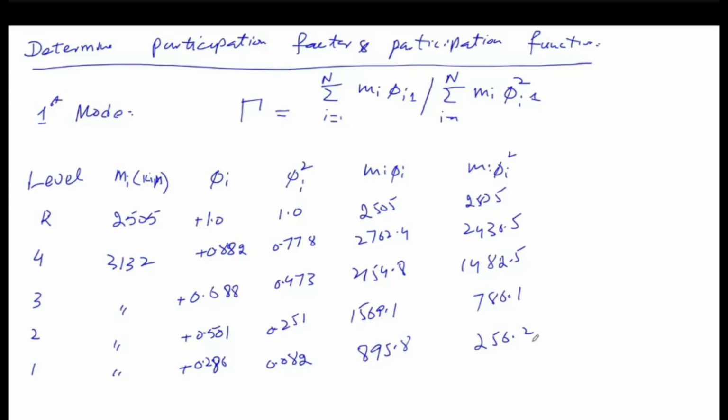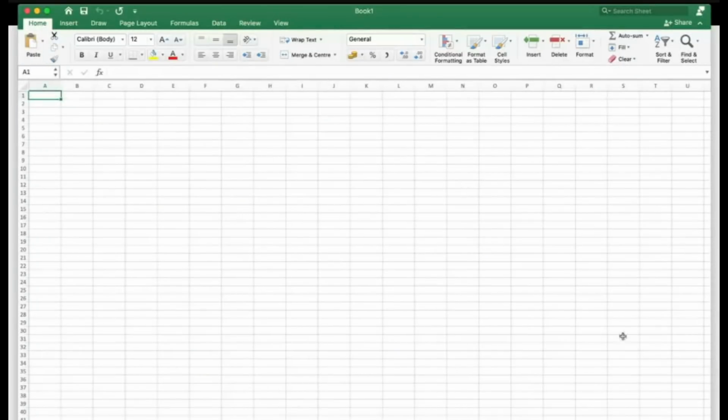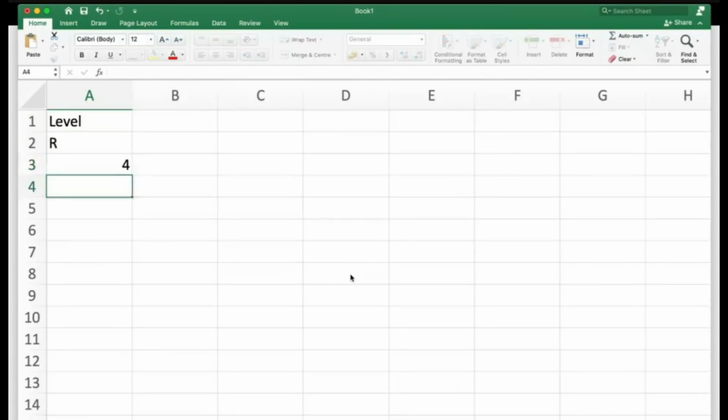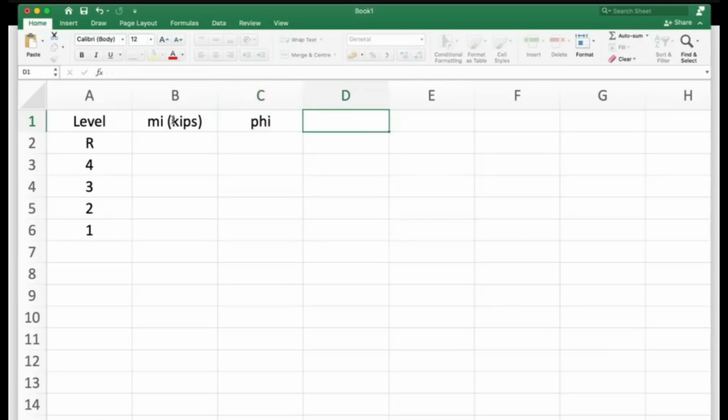Let me just do this in an Excel sheet so that we can understand the calculation. So this is the level, R4321. This is the mass in kips. This is the phi value, phi square.